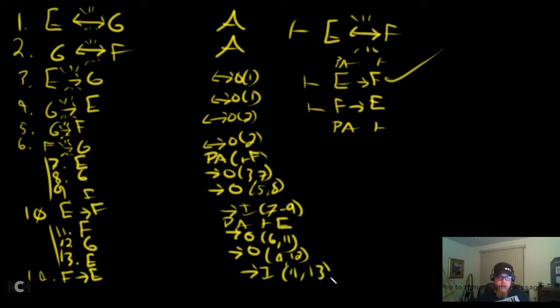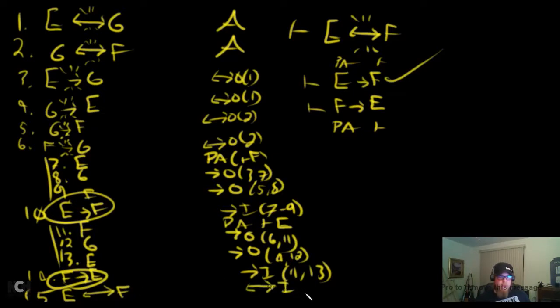Line 13. And in line 15, look, this thing and this thing, we can just double arrow it in and get E double arrow F. Double arrow in, 10 and 14. And this is indicative of the kinds of problems you'll have on quiz 5. This so concludes wave 1.